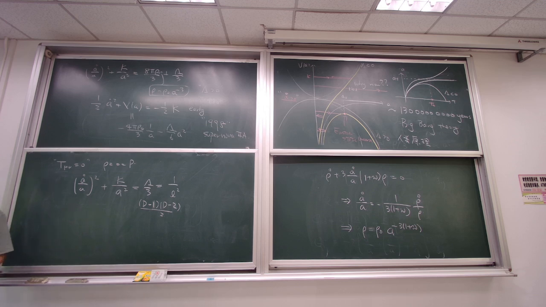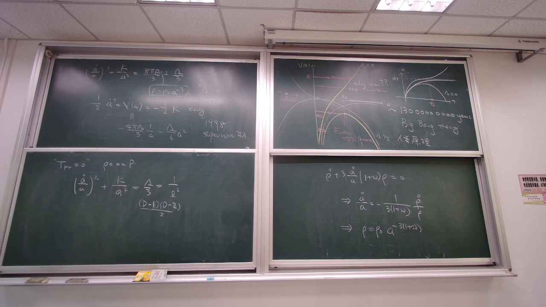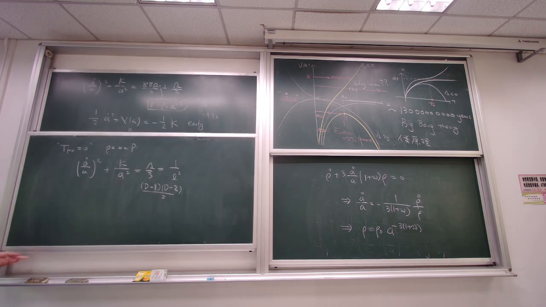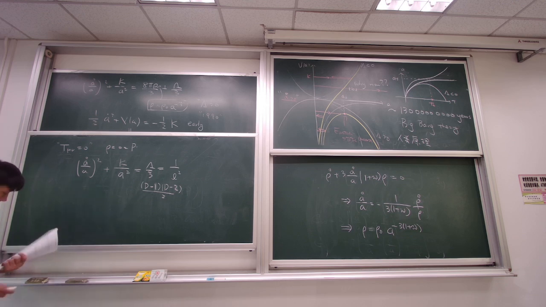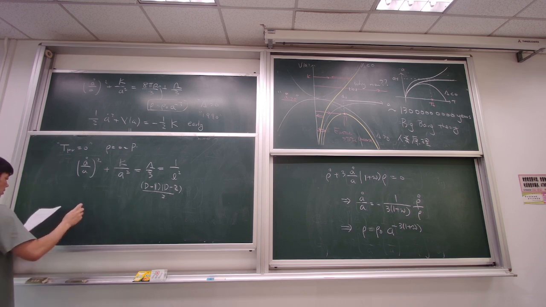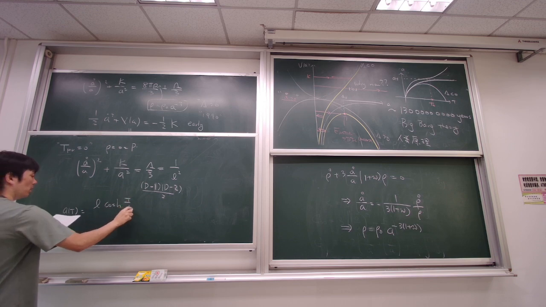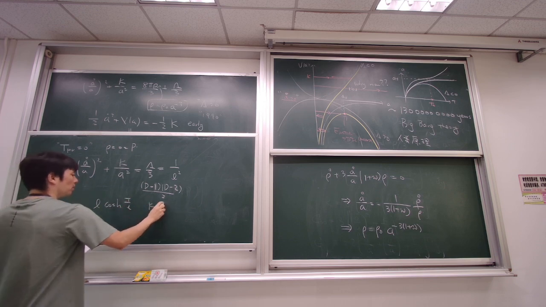If you go to higher dimension, the coefficient 3 is replaced like this. But that's not important. If you solve this equation, it's very easy to solve. A of t is L cos(t over L) when k equals 1.